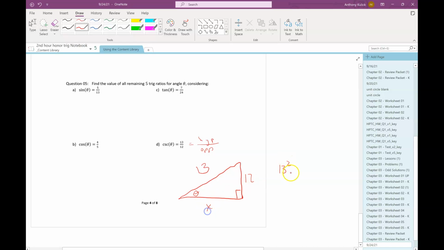We'll call it x. So 169 is 13 squared, 144 is 12 squared, so 169 minus 144 is 25. And when I square root both sides, I get 5. So that side is 5.